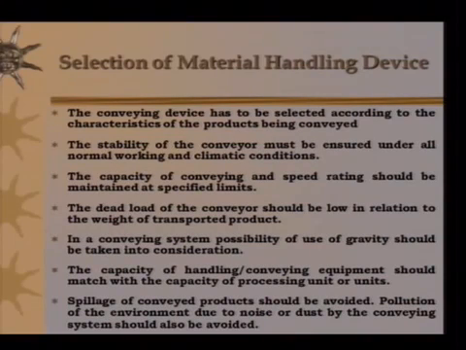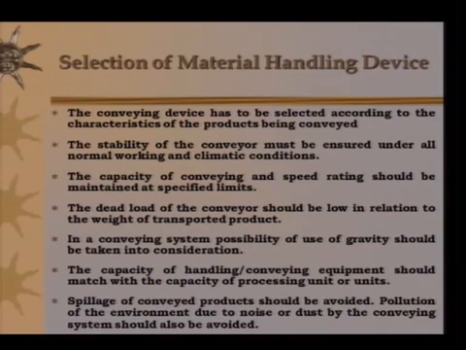Characteristics here mean whether it is a powdery material or a material which has friction or any other kind of material. The stability of the conveyor must be ensured under all normal working and climatic conditions. The capacity of conveying and speed rating should be maintained at specified limits.